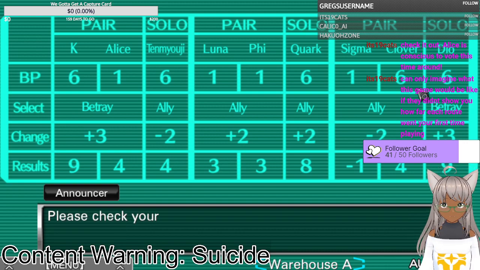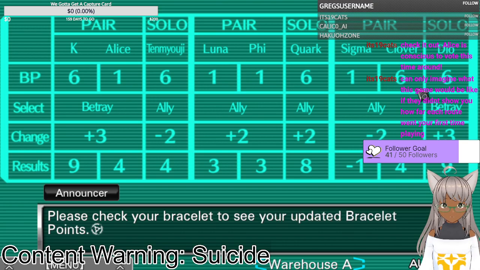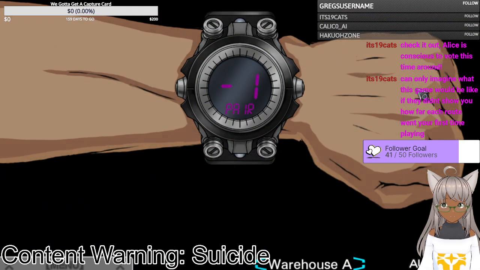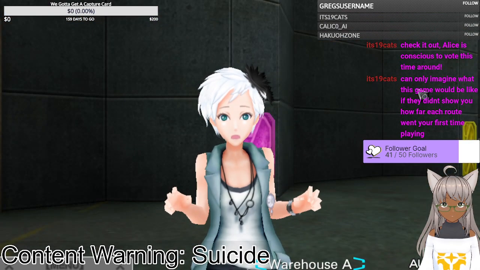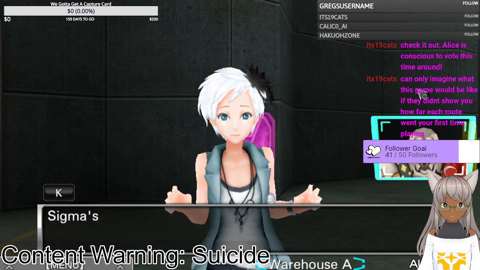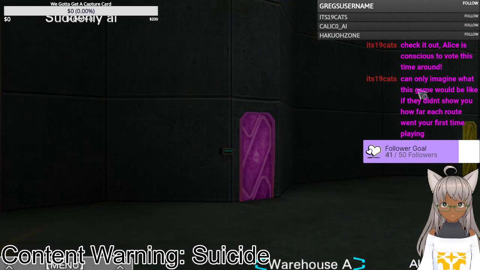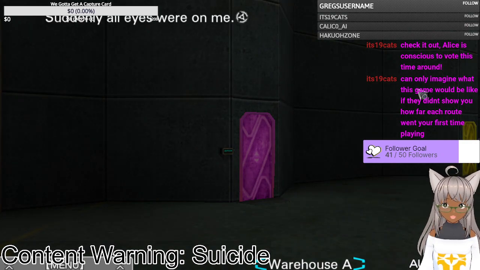Please check your bracelet to see your updated bracelet points. What? Sigma's BP is... negative. Oh boy.